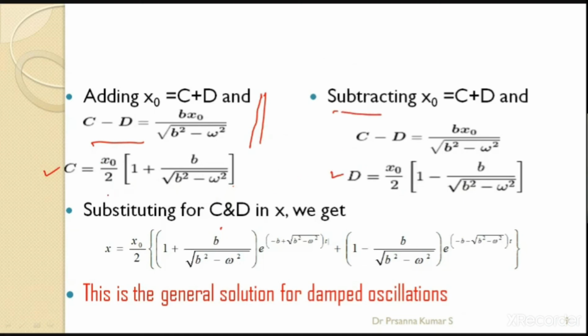So we got c and d now. That is substituted into the expression for x, and you will get the final general solution. This is the general solution. I'll show you.